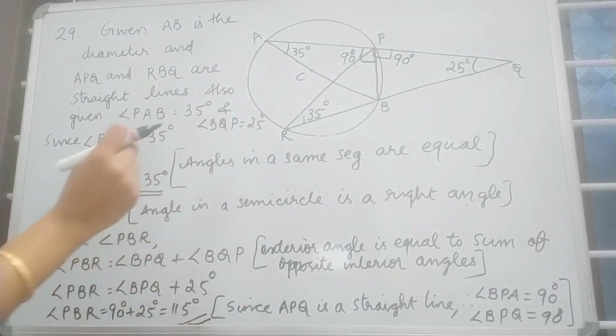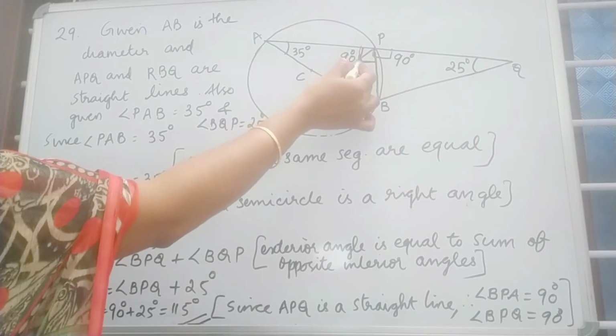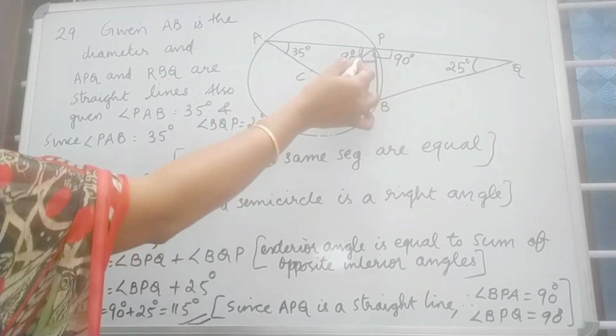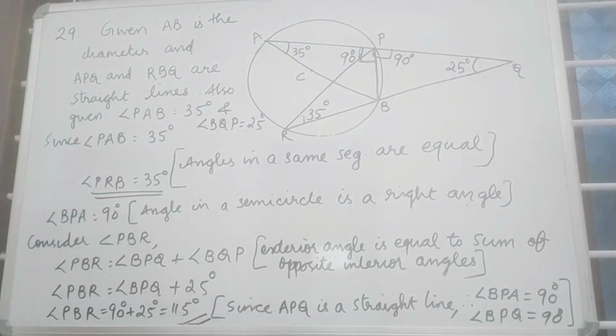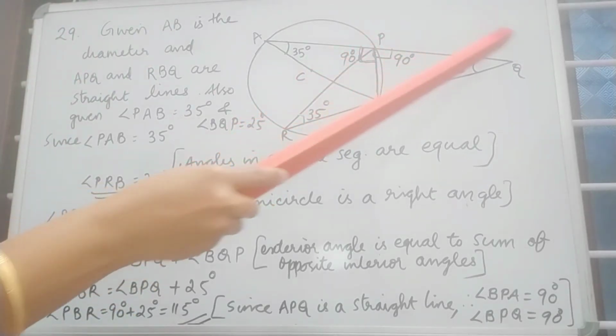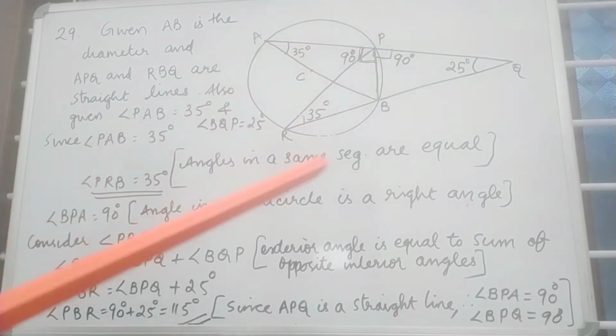AB is the diameter, angles in a semicircle are 90 degrees, so we got angle APB as 90 degrees. Then also given APQ is a straight line, so we can directly write angle BPQ as 90 degrees. So let it be there.